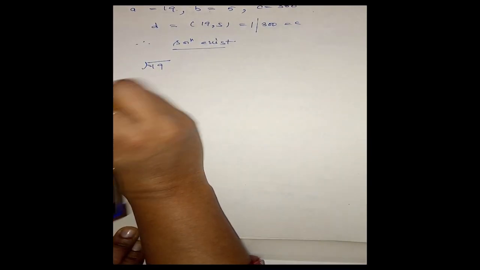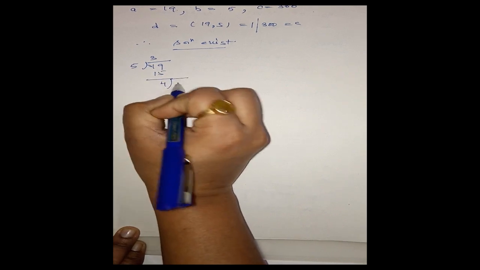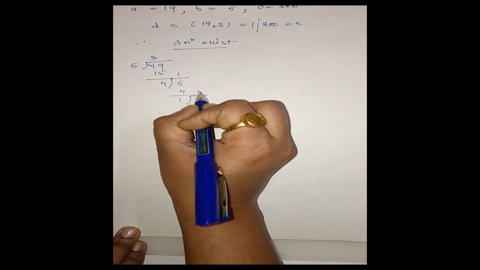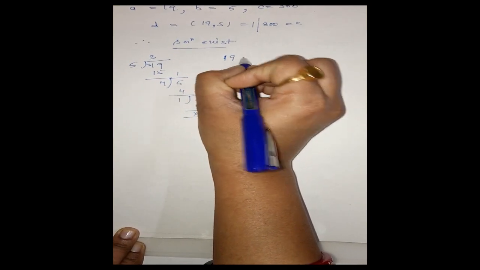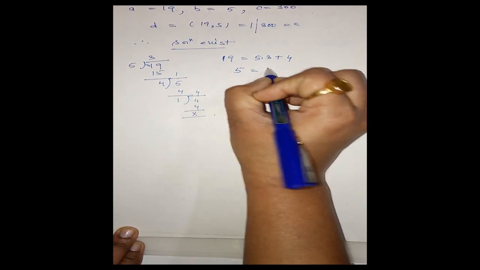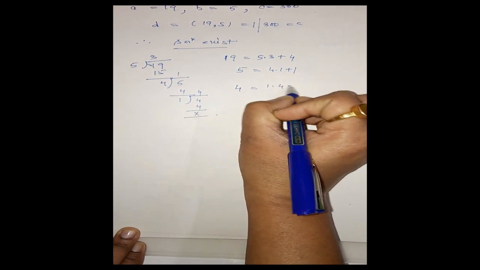Now on dividing 19 by 5, 5 threes are 15, 4 is the remainder, then 5 divided by 4 gives 1 as the remainder. Now 19 can be written as 5 into 3 plus 4, then 5 is written as 4 into 1 plus 1, and 4 is 1 into 4 plus 0.